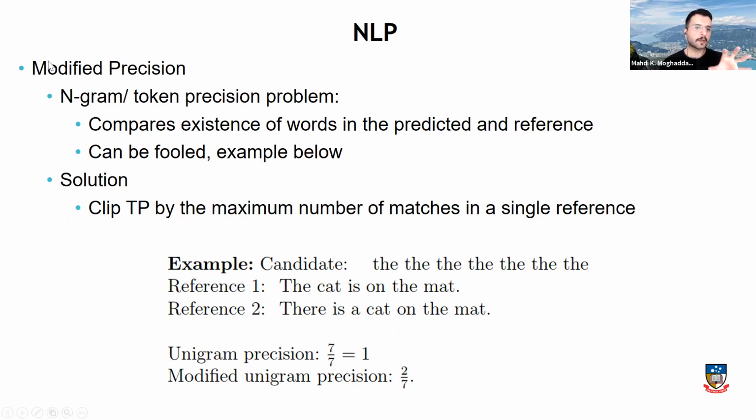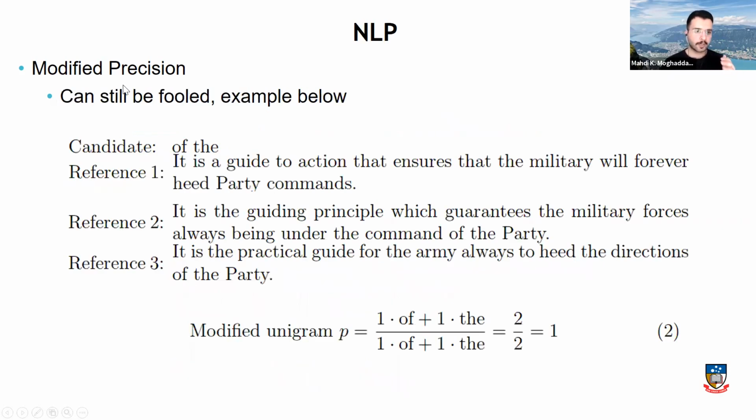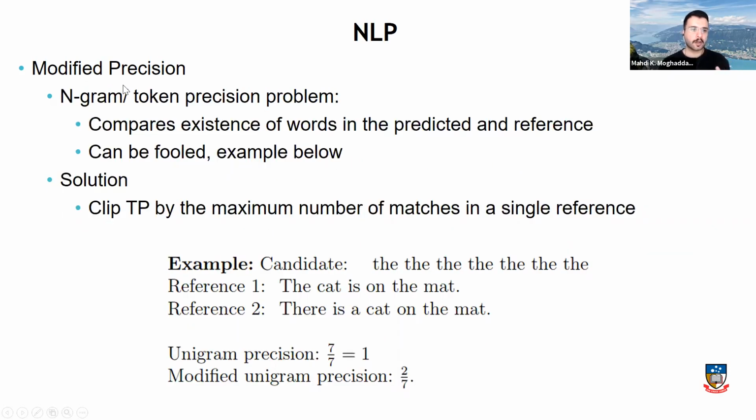So I need to fix this. This is not modified precision. Now we are still talking about the precision, and then we have modified precision here. So original precision is, of course, just calculating the true positives. And the way you do it, for example, if you're using unigrams, then again, these n-grams are the way that you tokenize these sentences.